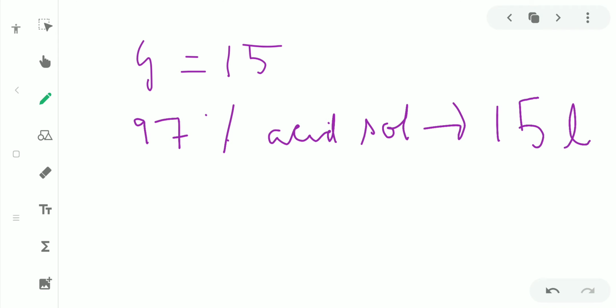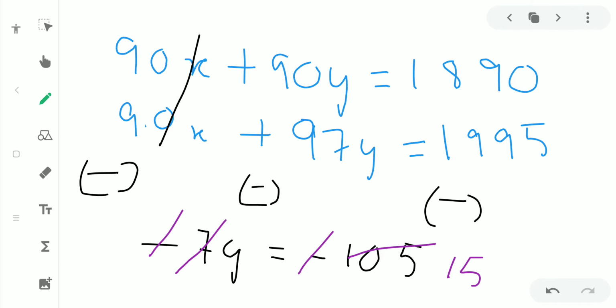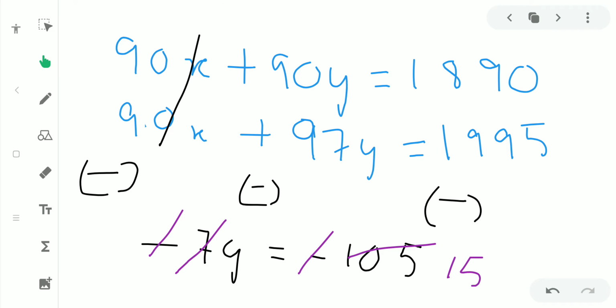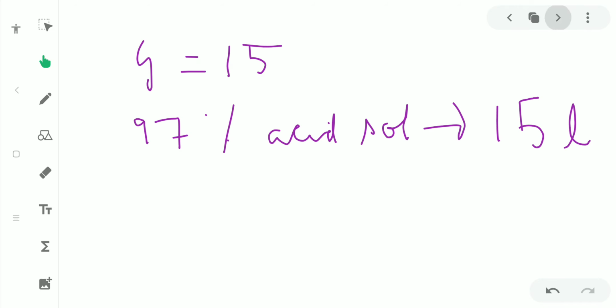So let us now substitute the value of y in the equation x plus y is equal to 21. So now we are getting x plus 15 is equal to 21. So x is equal to 21 minus 15, which is 6.